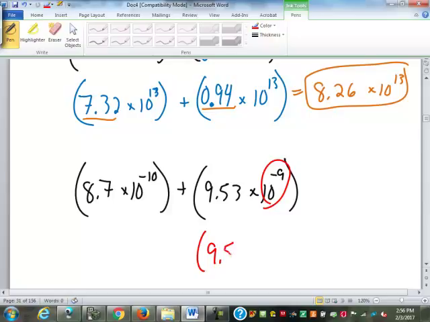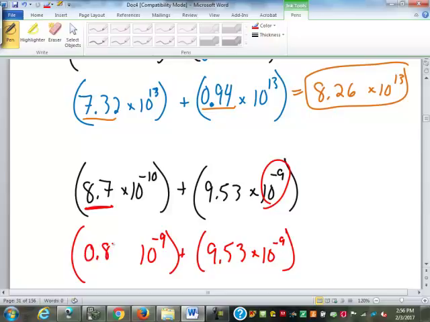So that number is not going to change. This number has to change. Power of 10 got bigger by 1, so this number is going to become 0.87. It gets smaller by 1 place value, right?